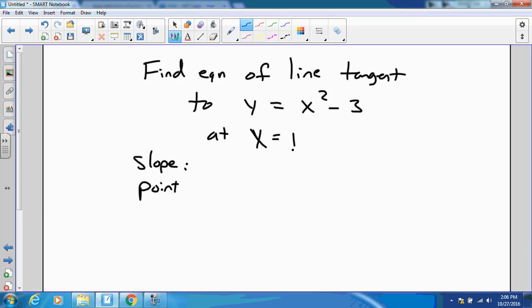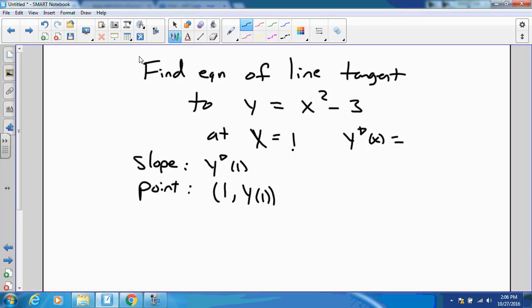The easiest way to keep your head straight is to use the format here, slope and point. The slope of the line tangent at x equals 1 is y prime of 1. It is not y prime of x. And the point is 1 comma y of 1. It is not x comma y of x.